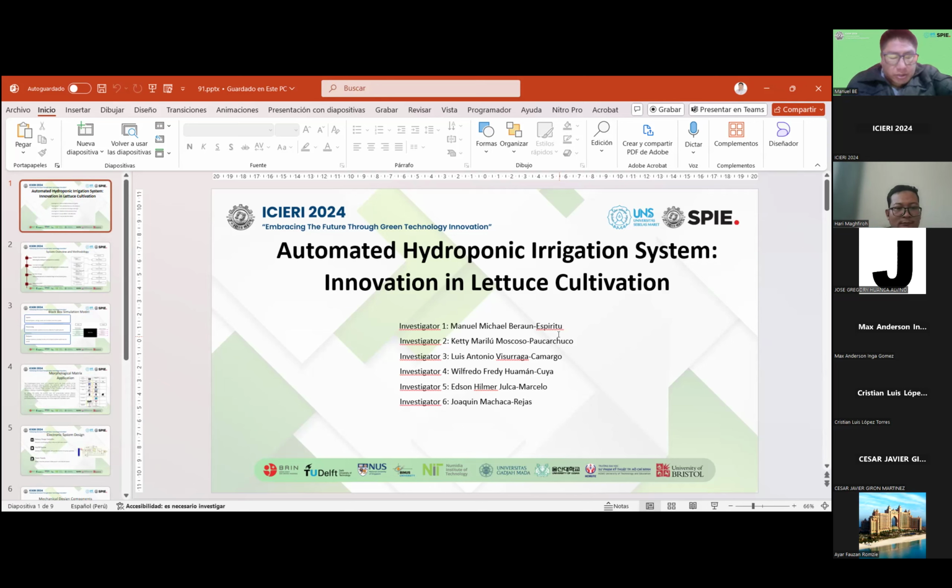Irrigation is an essential activity in agriculture, and its efficient management is crucial for the healthy development of plants, especially in hydroponic systems.